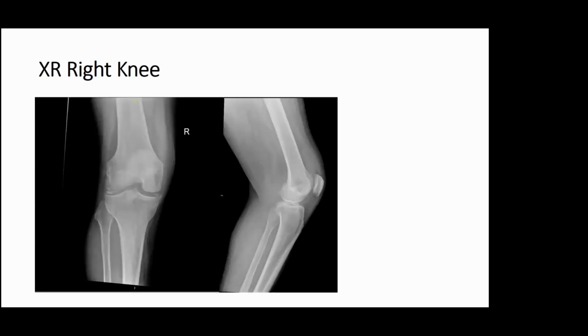here's the X-ray of the knee. Would someone like to interpret this knee X-ray? I see that it looks like there could be calcification on the lateral aspect between the tibia and the femur.